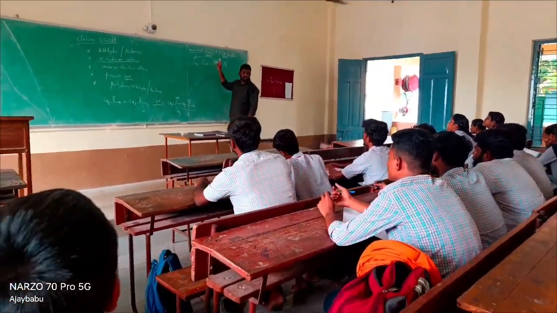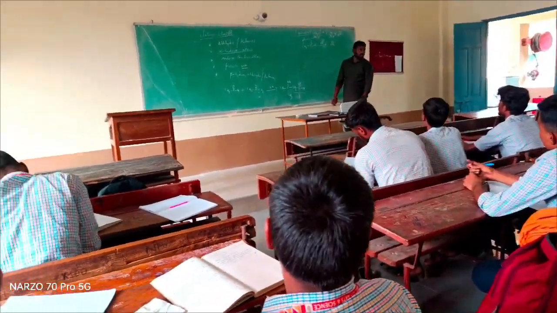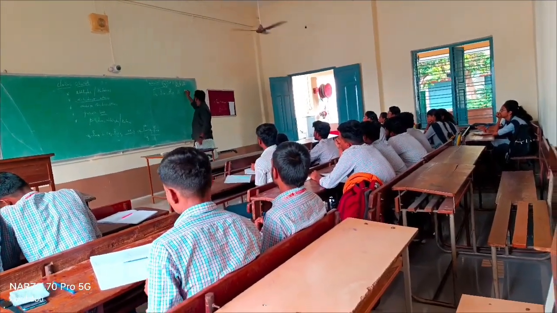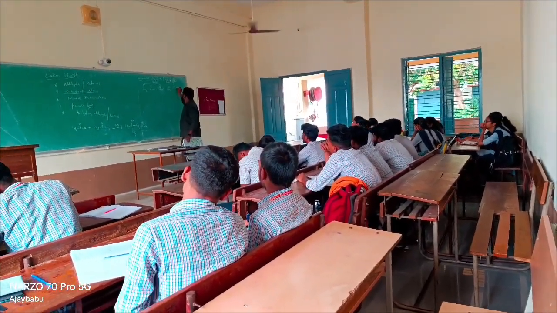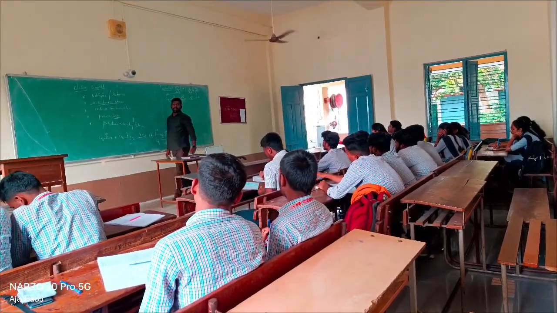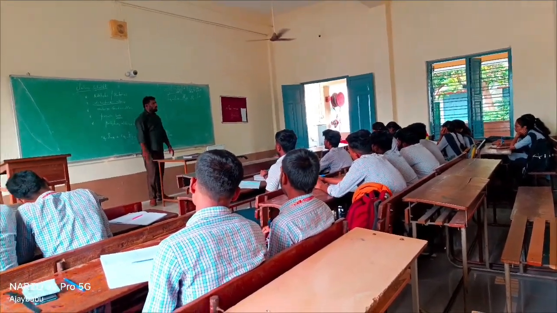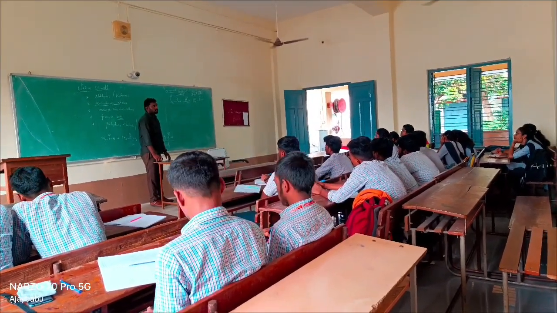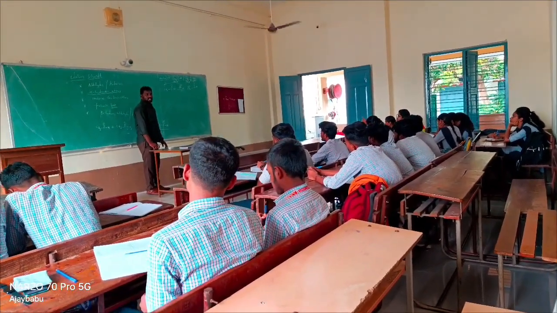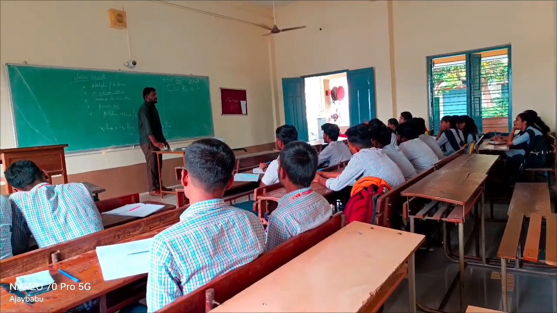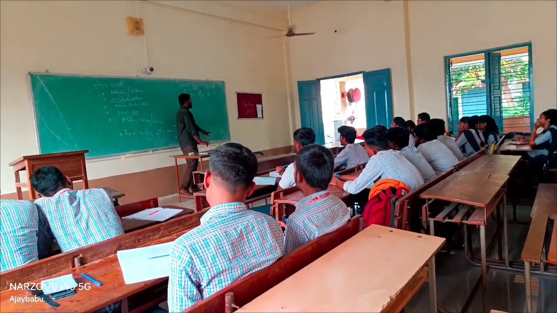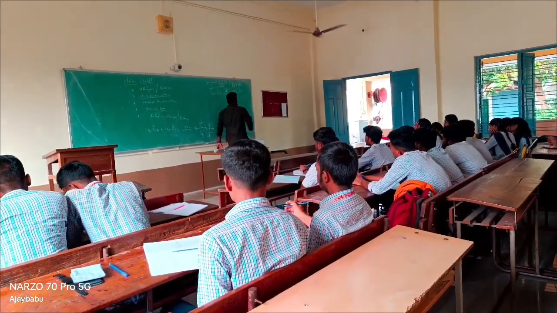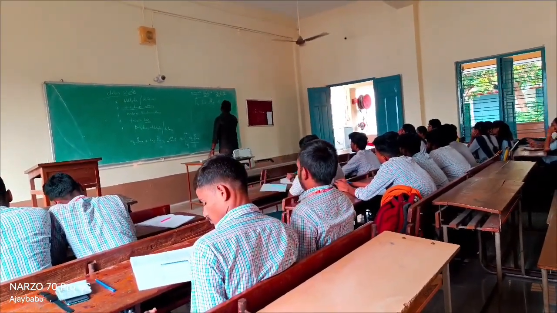A carbanion is formed, CH2 minus with C double bond O H. What is the charge of the carbanion? Negative charge, which acts as a nucleophile. Here the carbanion acts as a nucleophile and reacts with acetone.